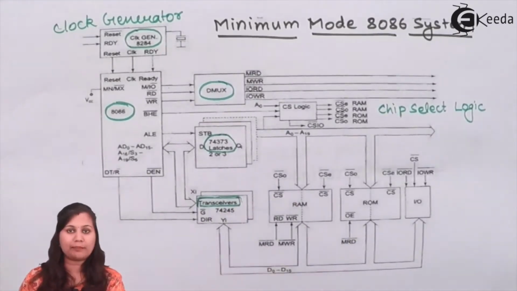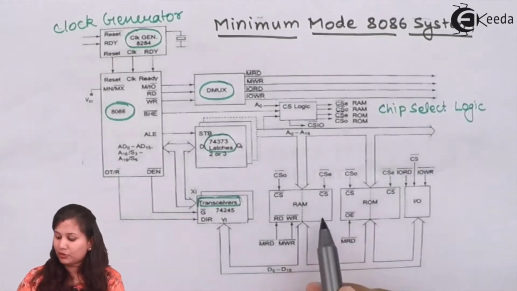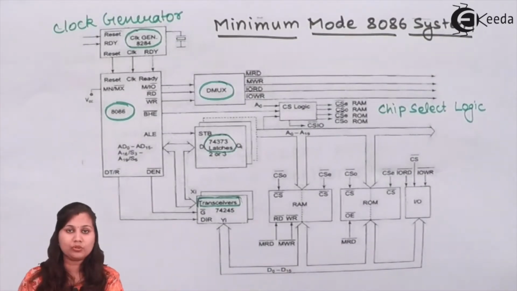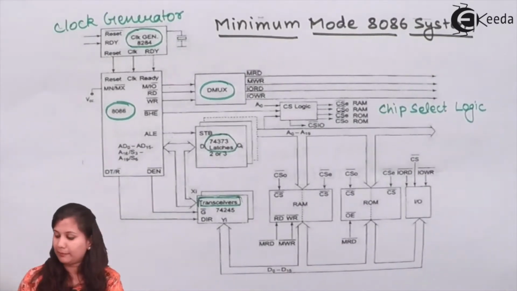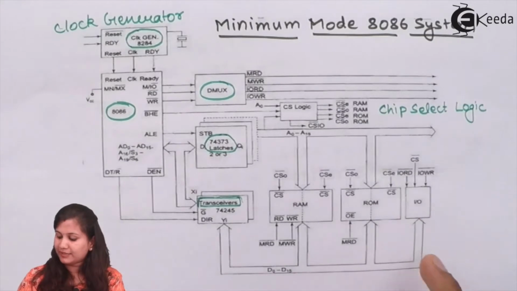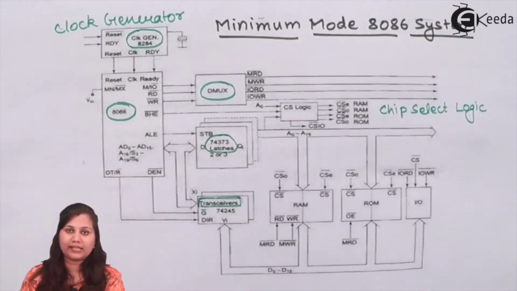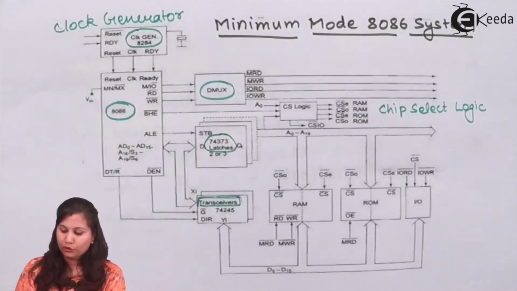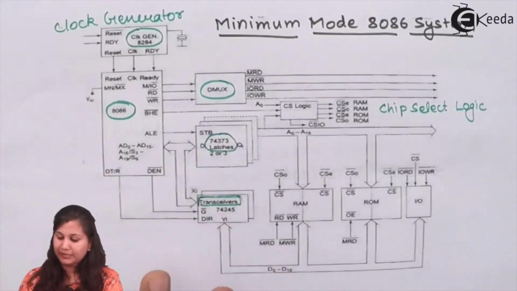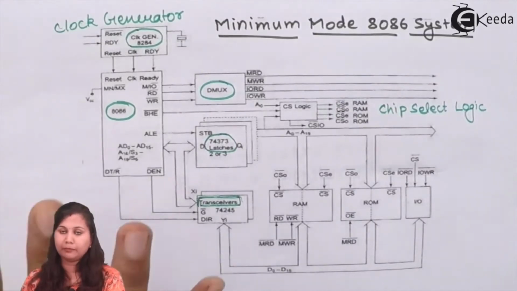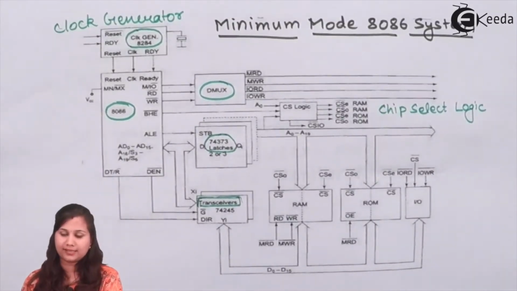Transceivers are used to separate the data from the address and the data bus. Then memory is used to store the program, user program or the monitor program. And input output devices are also used to interface with the 8086 microprocessor. So these are the different elements which are present in the minimum mode 8086 system.